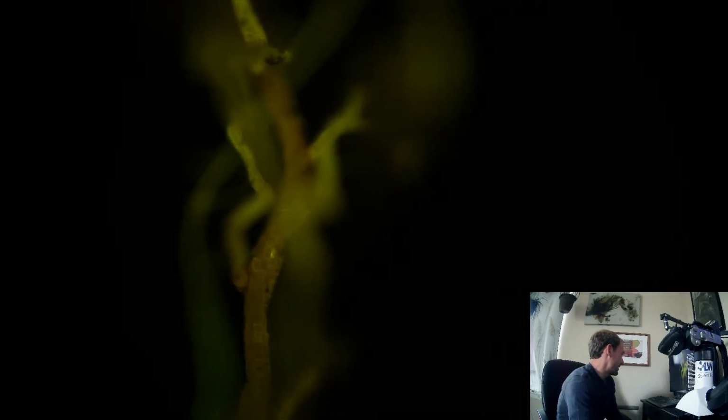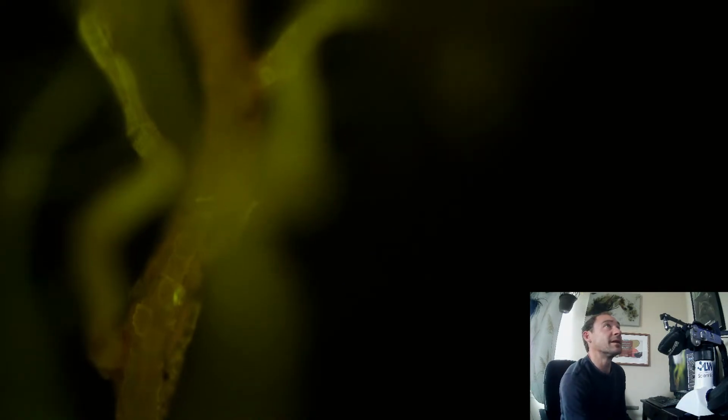But yeah, you can really see the plant cells on the blueberry, much more defined. All those squares there. And we're seeing a couple of glows.